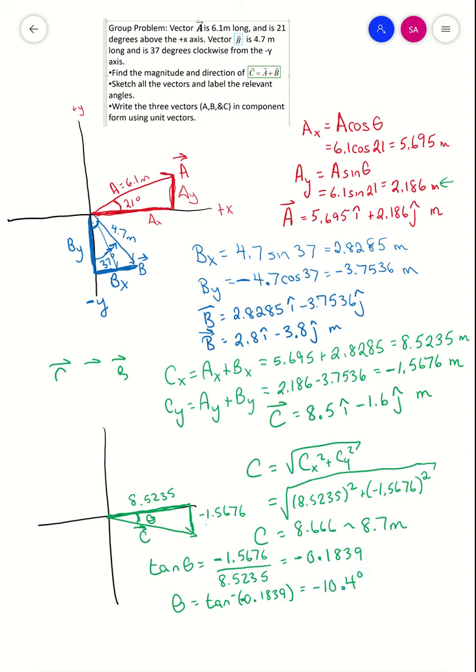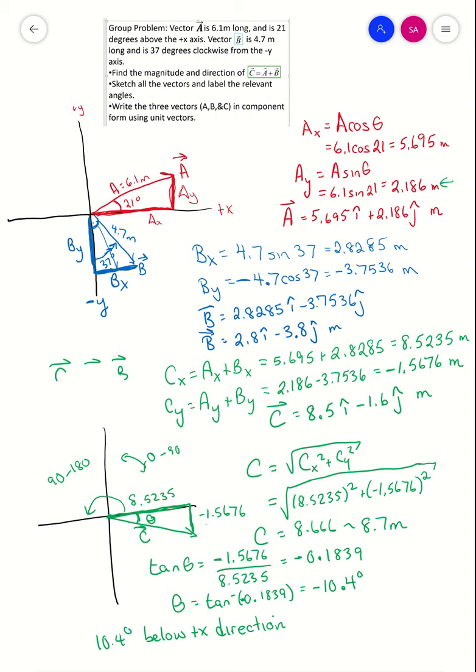All right, so often you'll write that as 10.4 degrees below the plus x direction. If you're putting your number in on Mastering Physics, it asks you to give a number between 0 and plus 180. If it's in quadrant 1, it would be between 0 and plus 90. If it's in quadrant 2, it'll be between 90 and 180.